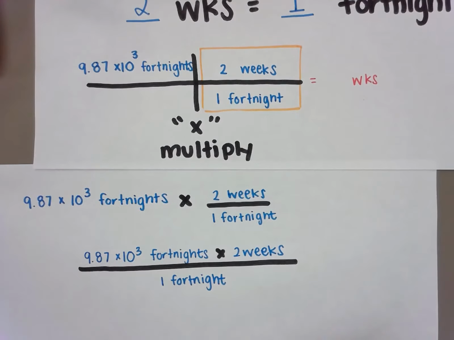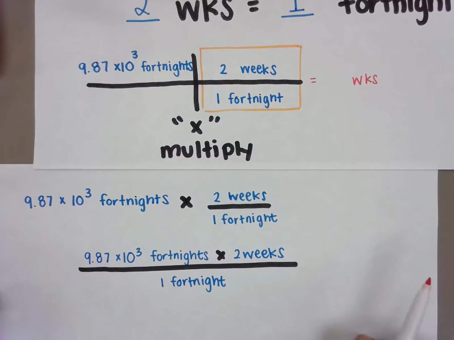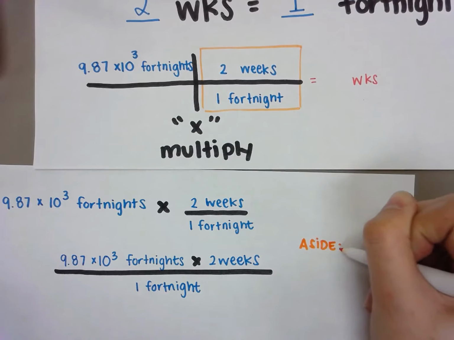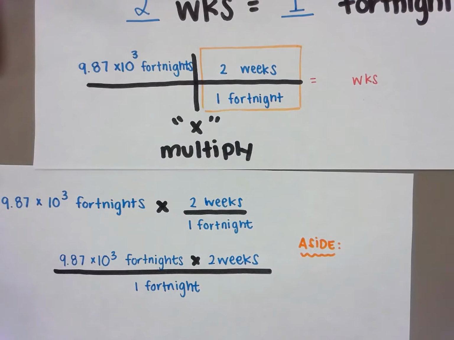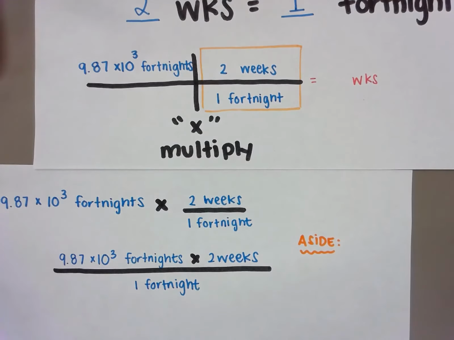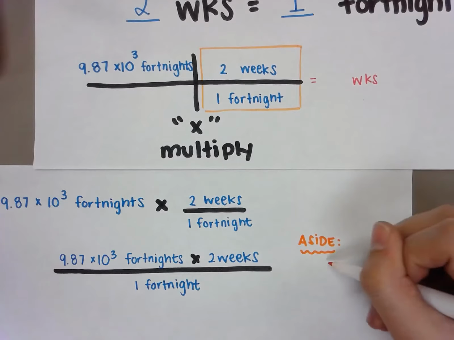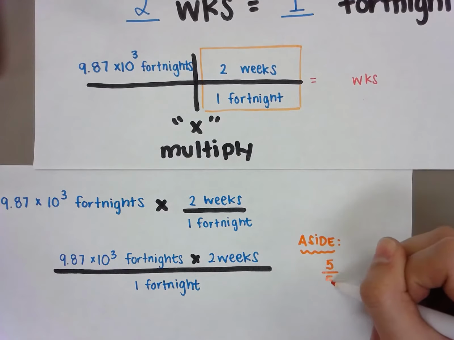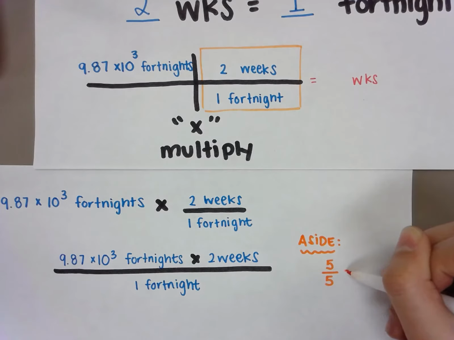I'm going to use this example problem to the side, because this is just a refresher of math. What we know is that if I have anything, let's say 5, divided by itself, it is going to be equal to 1.